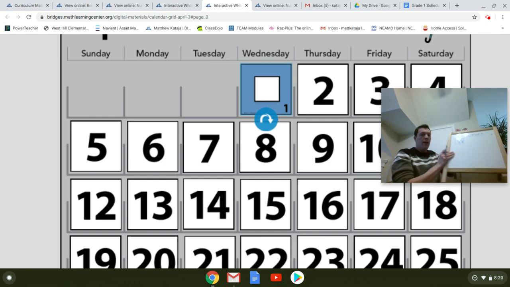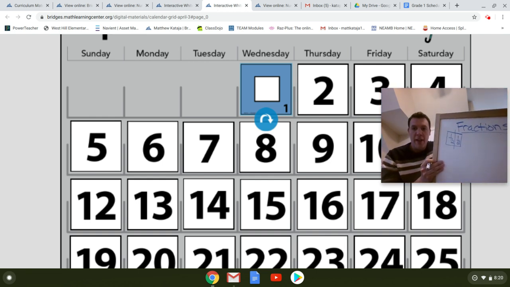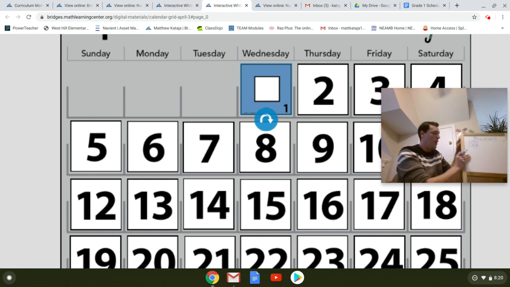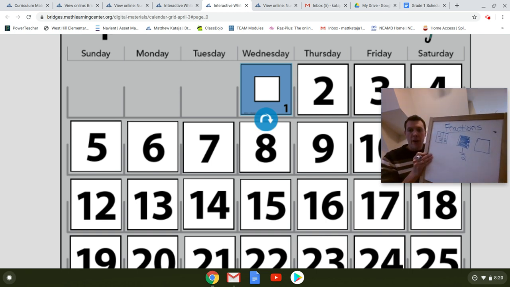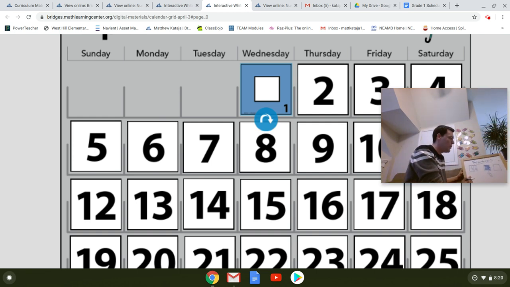That is one way that we can have a fraction. Another way you can have a fraction is if you have a set and you are given an equal part of a set. So we had 2 squares and I get 1 half of your squares.